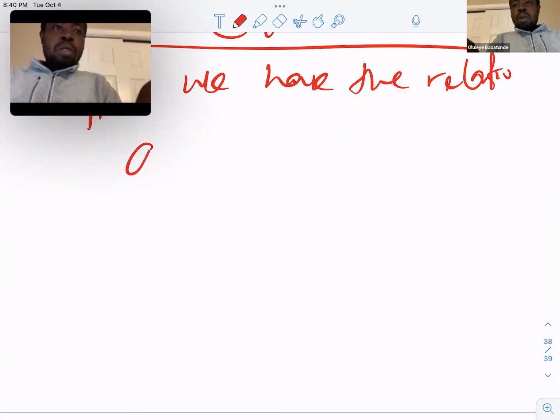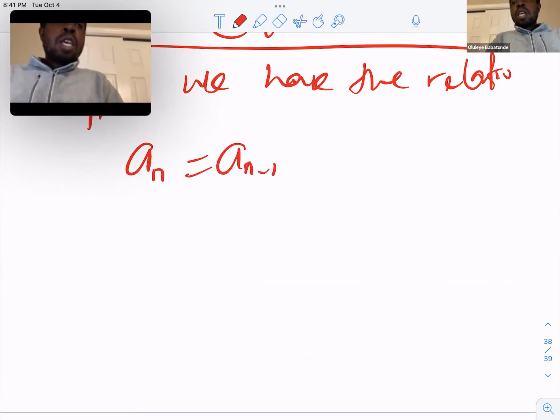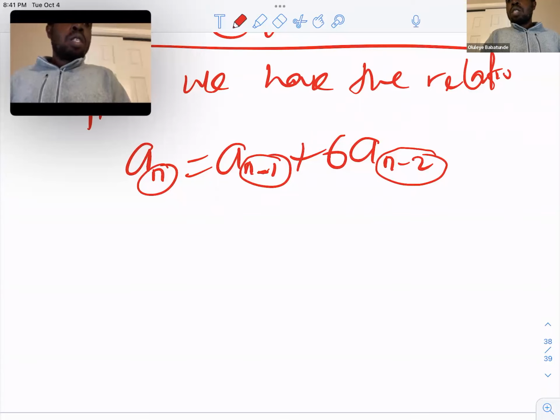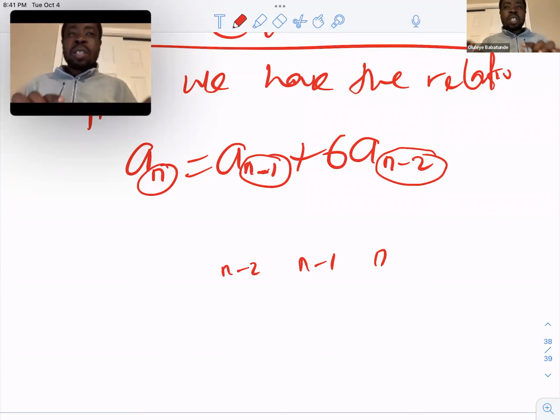we will write out the expression a_n equals a_(n-1) plus 6 a_(n-2). Now I told you these are just notation for the position, right? If you arrange items, so if this is n, before n you have n minus 1, and before n minus 1 you have n minus 2 as a positional index.